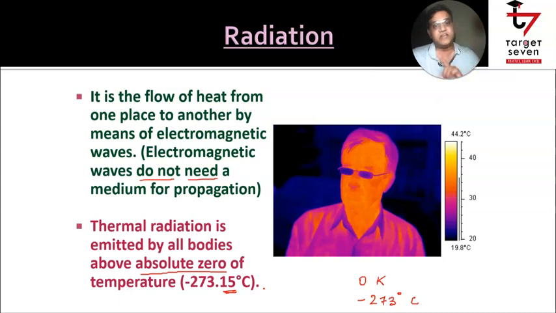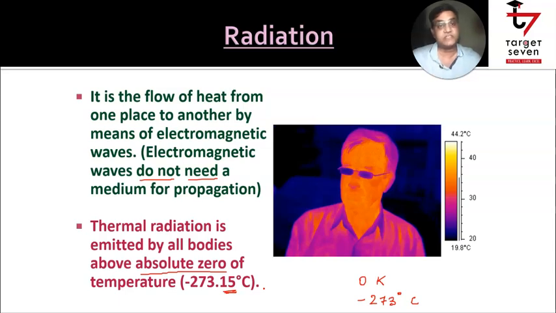The infrared radiation given out by our body and by the sun, will they both be the same? The answer is a no. The wavelength of infrared radiation given out by the sun will be much smaller than the wavelength of infrared radiation given out by our body.